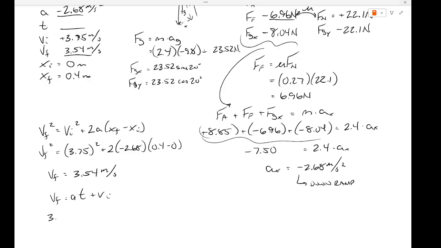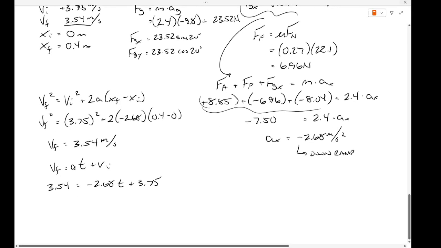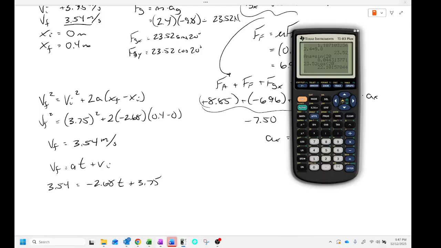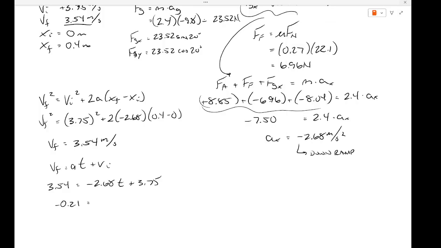V final is 3.54 and negative 2.68t plus 3.75. I can subtract the 3.75 from the 3.54, and I get negative 0.21 is equal to negative 2.68t.